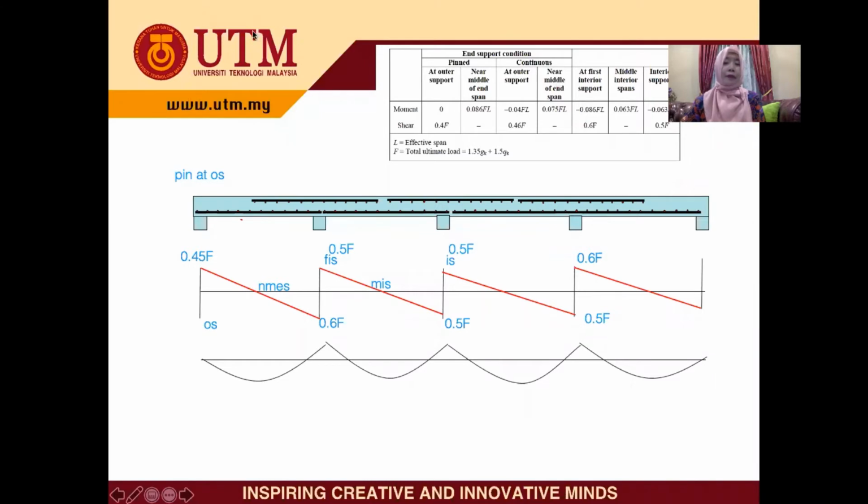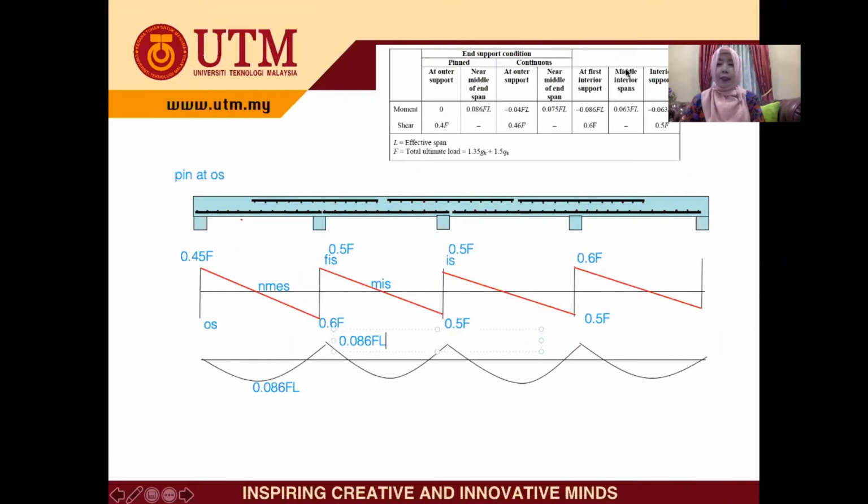So we have 0.086FL at the first interior support.